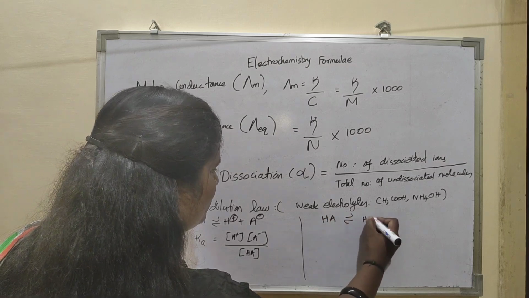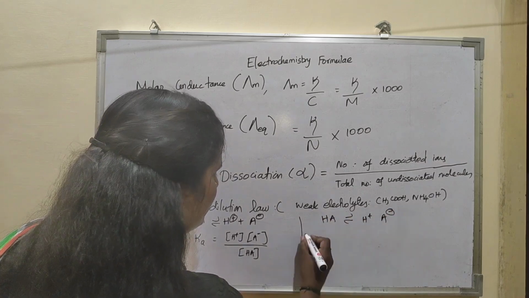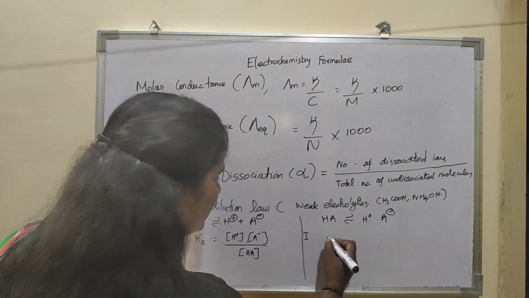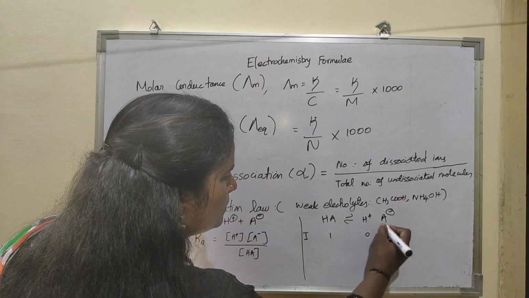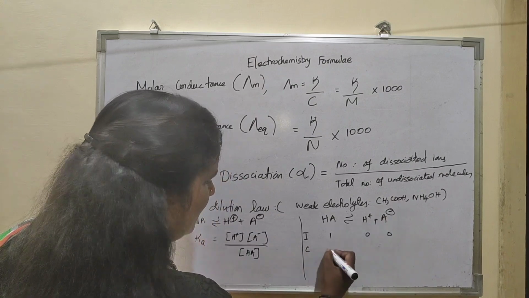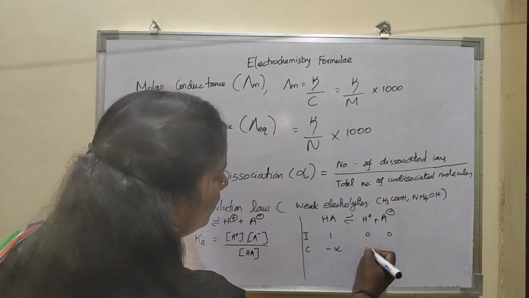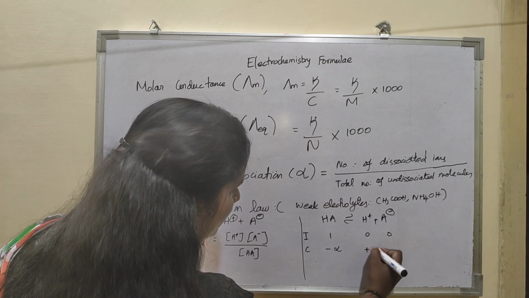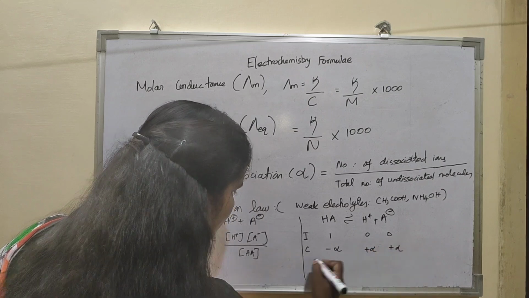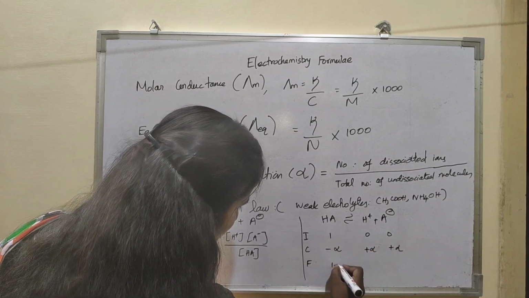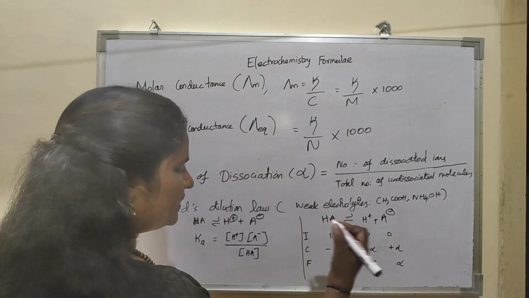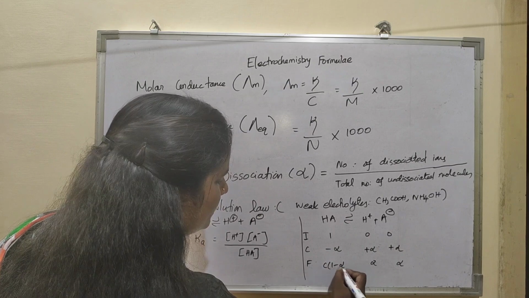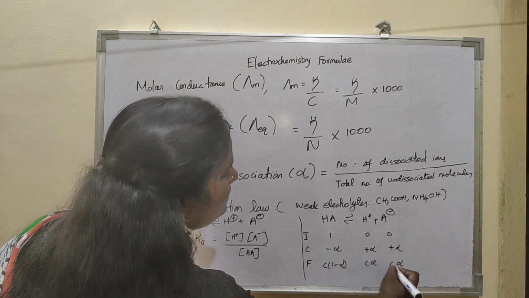HA gives H plus and A minus. Initially there is only 1 mole and 0 moles of ions. The changes are minus alpha, plus alpha, plus alpha. The final will be 1 minus alpha, alpha, alpha. Upon multiplying with the concentration, I get C into 1 minus alpha, C alpha, C alpha.